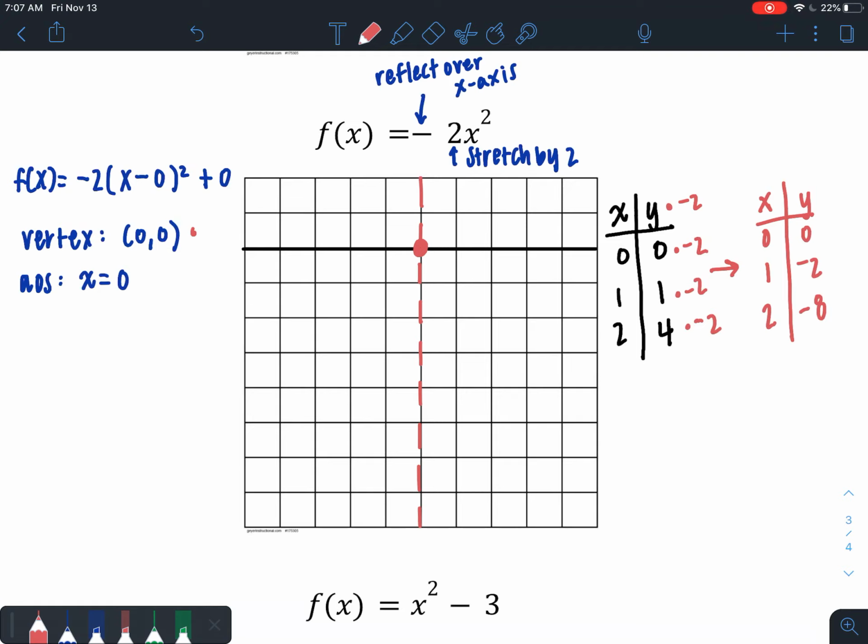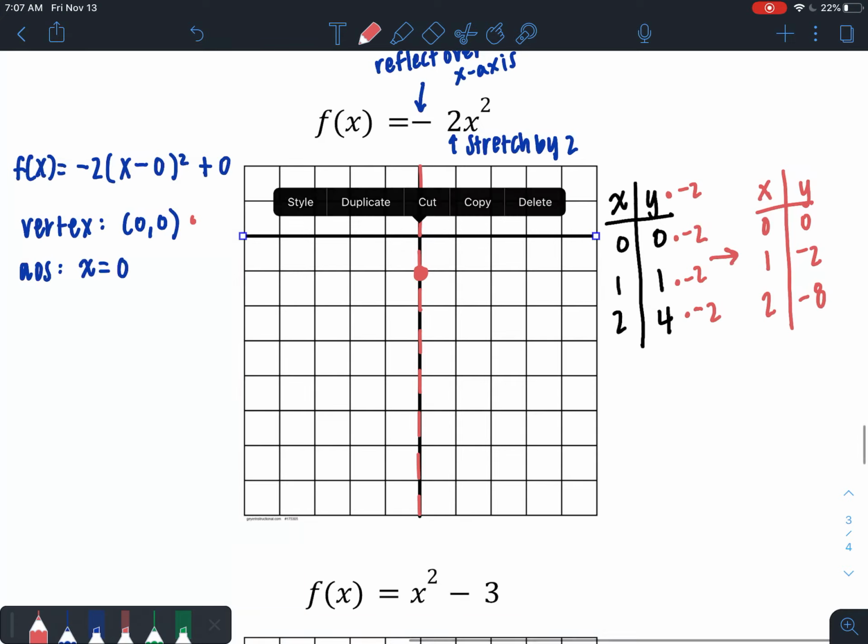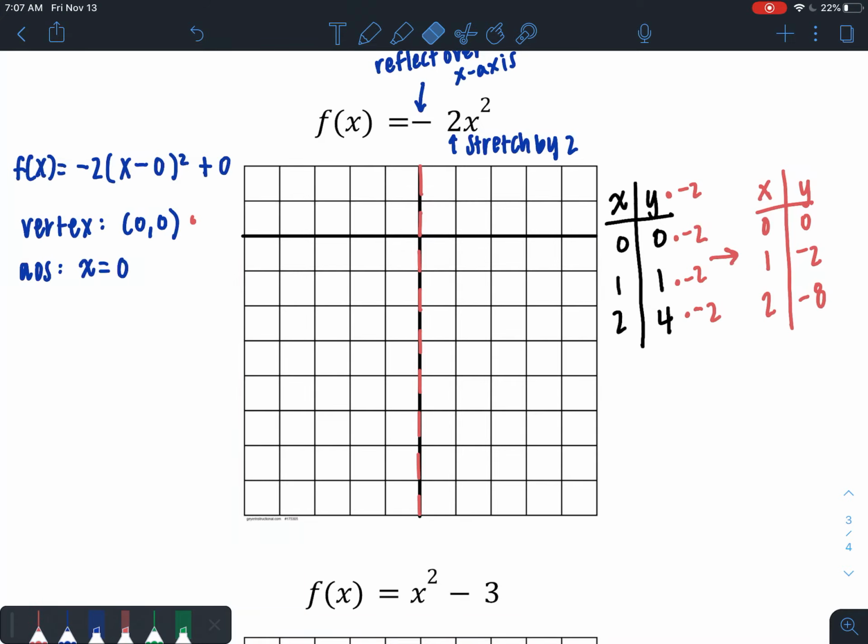And the axis of symmetry is under that line. Okay, there we go, we fixed it. So plot the point 0, 0, then 1, negative 2, and 2, negative 8.